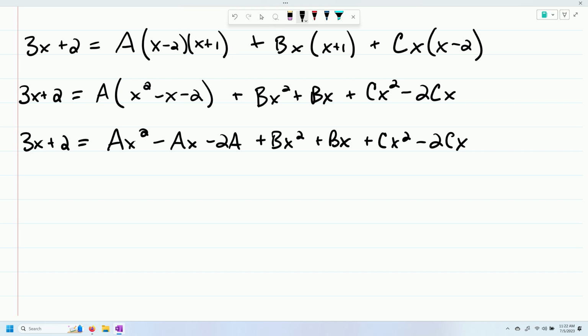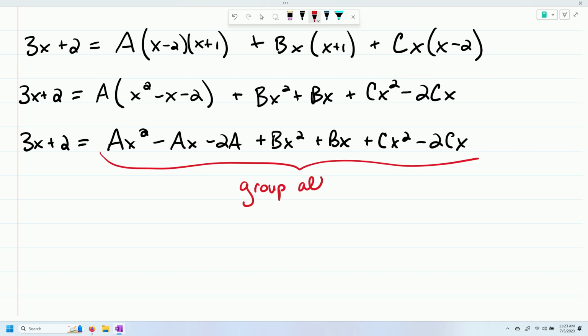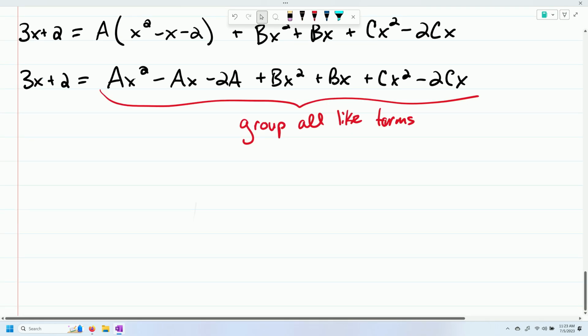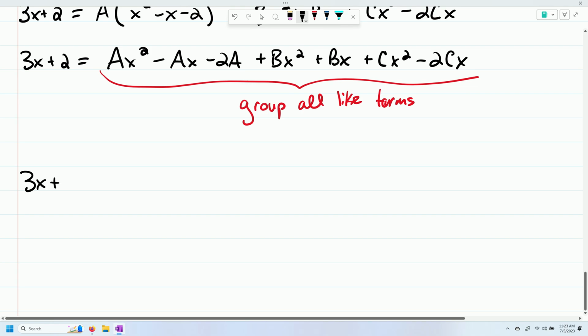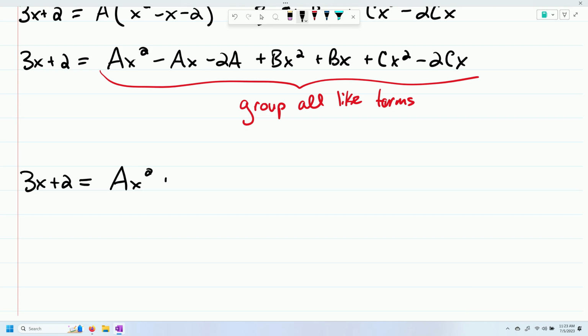Now, we're going to group all like terms. All right, we're going to group all of our like terms. So the left-hand side doesn't change. It's still 3x plus 2. But on the right-hand side, I get ax to the second plus bx to the second plus cx to the second. We're going to put parentheses around that.